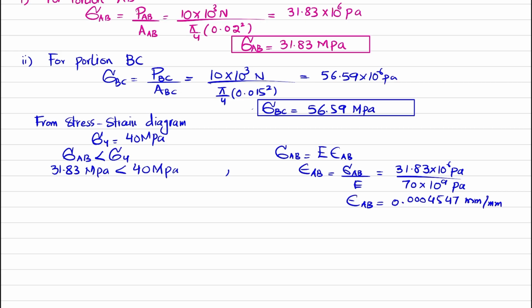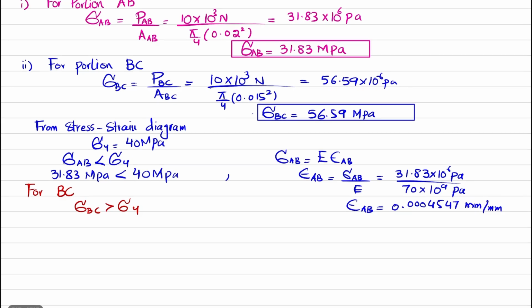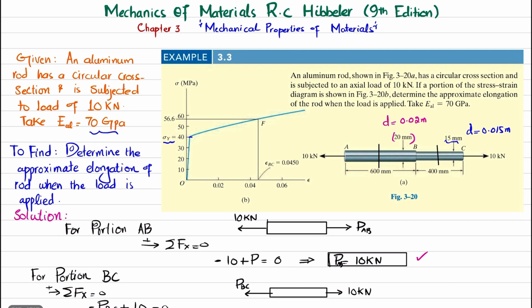Now for portion BC, we can see that stress in BC is greater than sigma yield. Clear? So this is in plastic region. This is sigma BC, that is already shown over here. So we cannot apply Hooke's law.